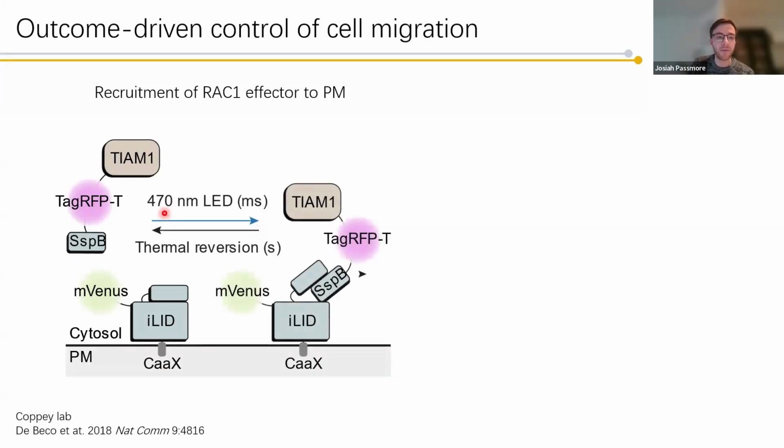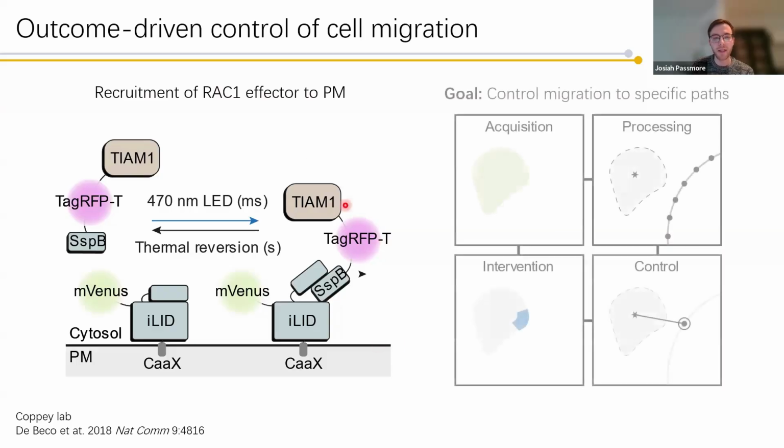What happens is that when you illuminate with blue light, this little alpha helix on iLID will unfold, and SspB is able to bind to an SsrA motif inside this iLID protein. And this will recruit TIAM1 to your plasma membrane. And because TIAM1 is an effector of RAC, and RAC is involved in actin polymerization and polarization of the cell, this will induce migration towards the region that you have illuminated.